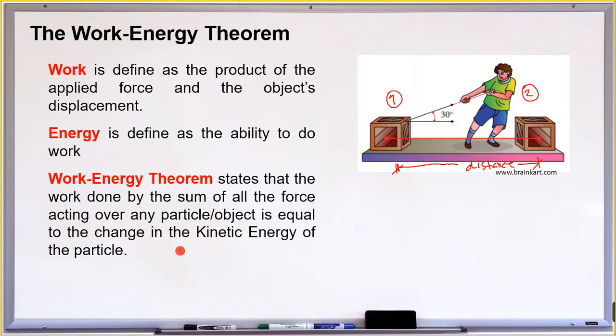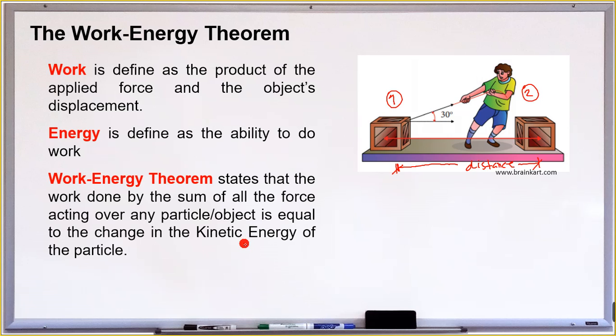So when we do work on a certain object, that object will move, no? So with that behavior, our object now possesses what is called kinetic energy, because kinetic energy is the energy in motion, no? It is a function of the velocity.